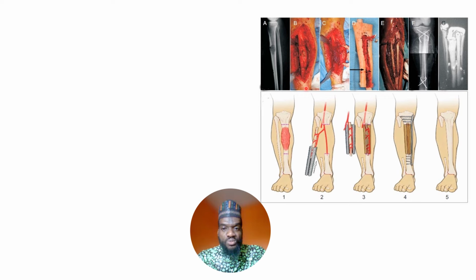So once you remove the tumor, you have something like this. Okay, so in this third one, you can see the defect that is created by the removal of that tumor. The tumor has been removed, then some part of the tibial bone had to go with it. Similar to what is happening here.